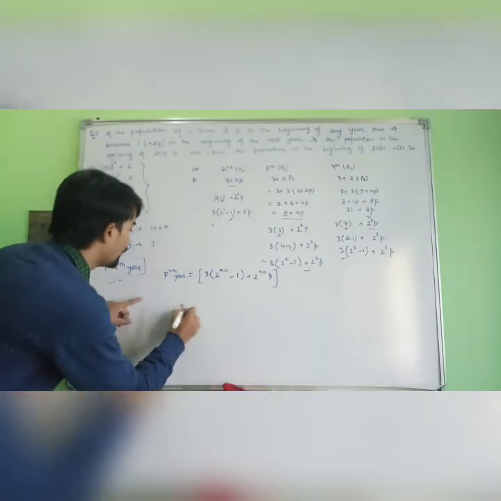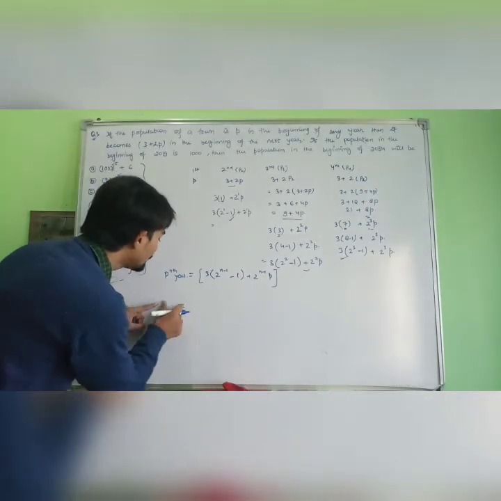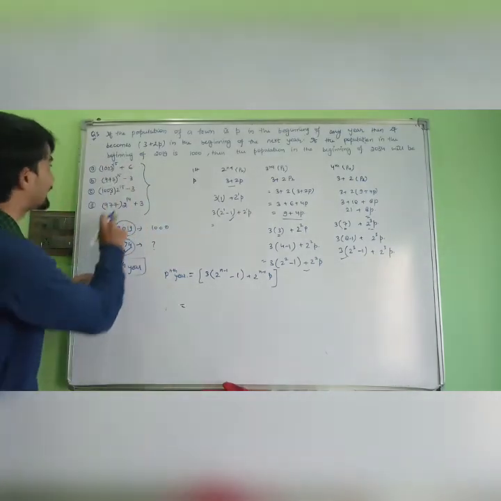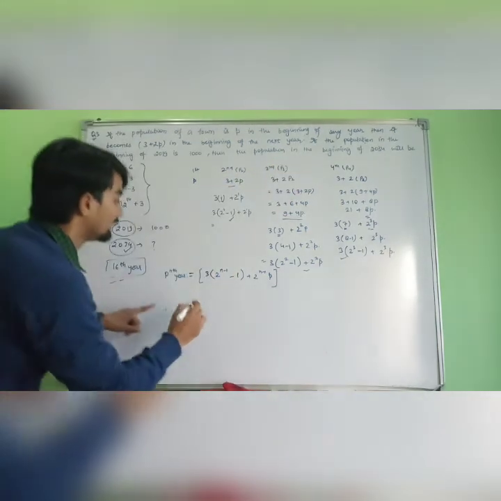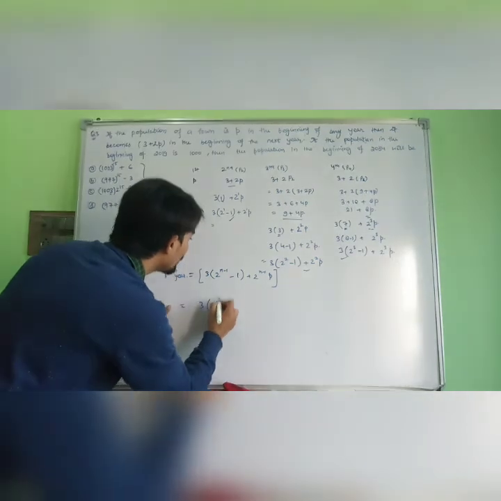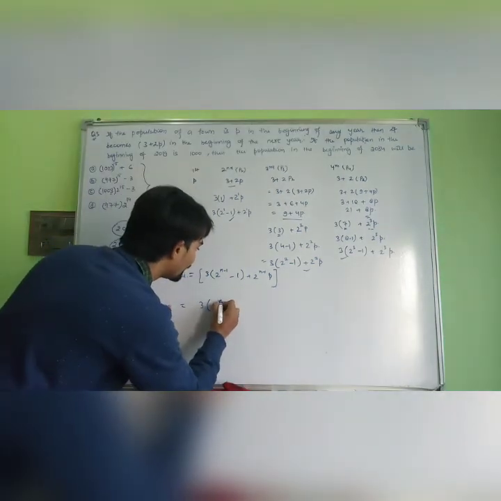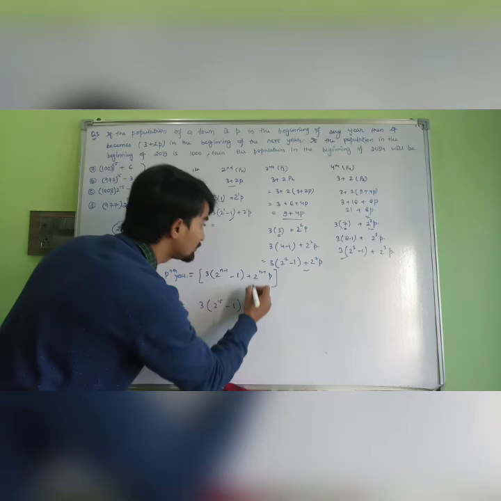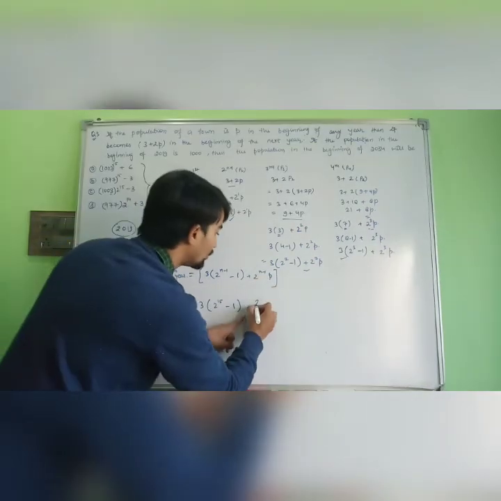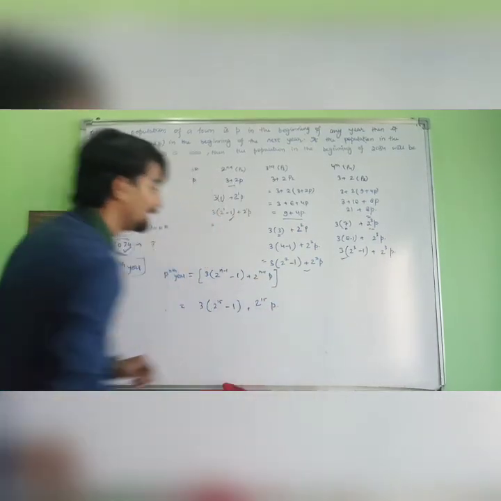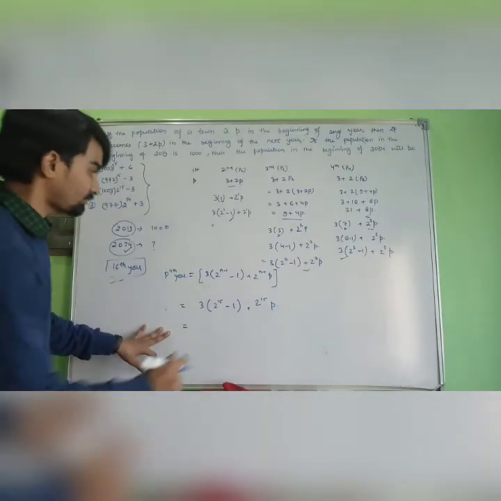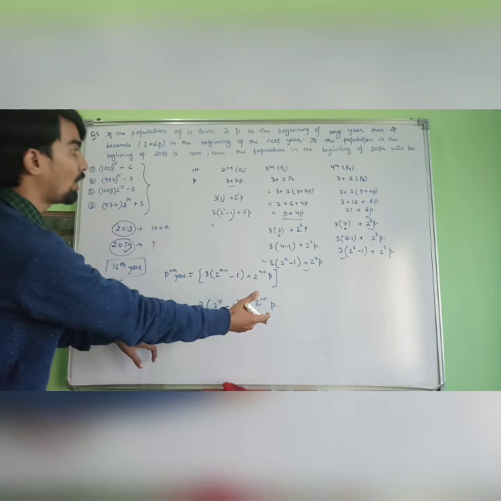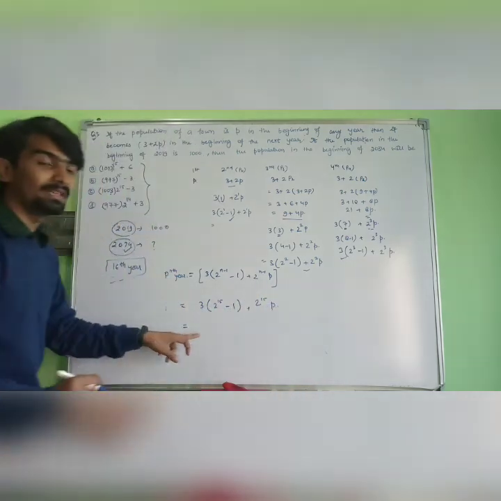So the population for the 16th year, that is the beginning of 2034, will be 3 times 2 to the power 16 minus 1, which is 15, minus 1, plus 2 to the power 16 minus 1, which is 2 to the power 15, into P. If we solve it, we put the value of P in the equation.